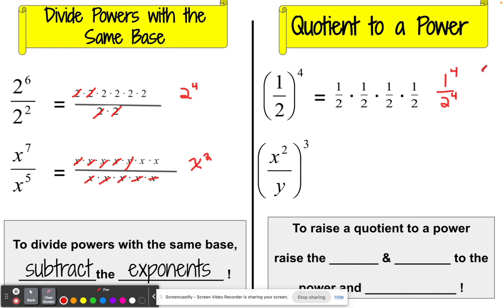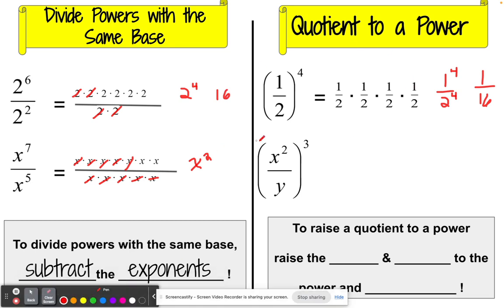I could simplify that further and make it 1 over 16. Just like over here, I could have made this into 16, and I probably should have, but I wanted you to see the 2 to the 4th power.